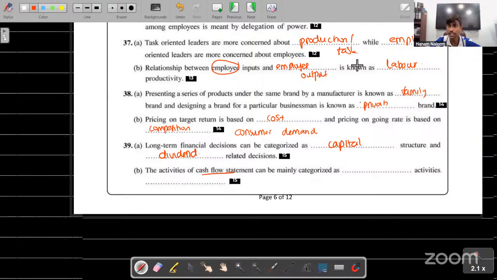In that, this is mentioned. So cash flow statement, there are 3 activities. You can take investing activities, financing activities, and you can also take operating activities as well. So these are the 3 activities under cash flow statement.